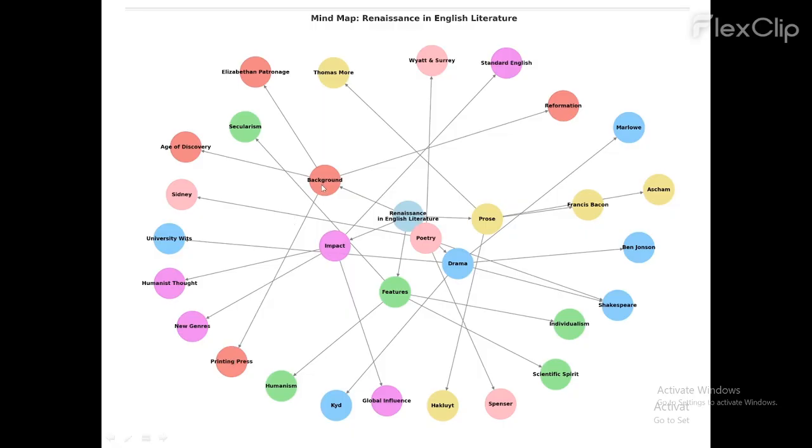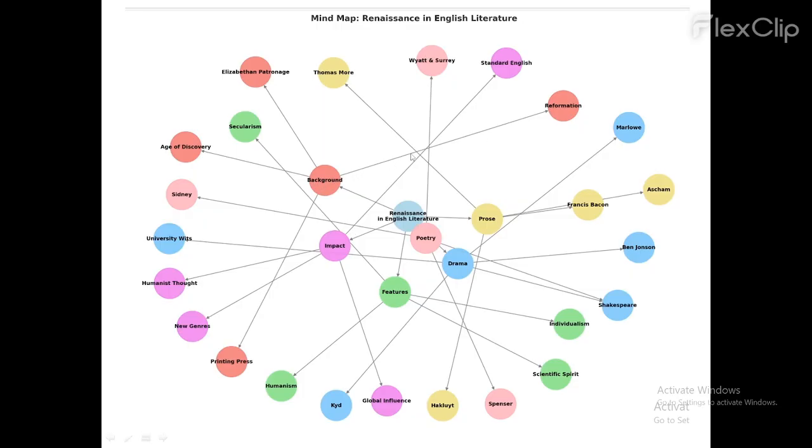Now, look at the arrows, age of discovery. During the Renaissance period, many ships and sailors started their voyage, and they discovered new lands, new ways to connect Europe with Asia. And famous among them are Columbus and Vasco da Gama.